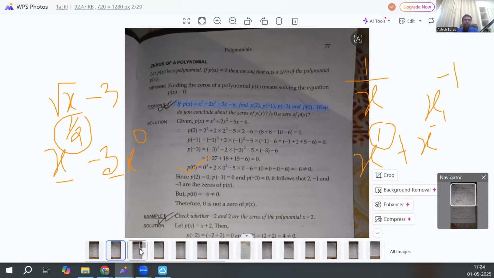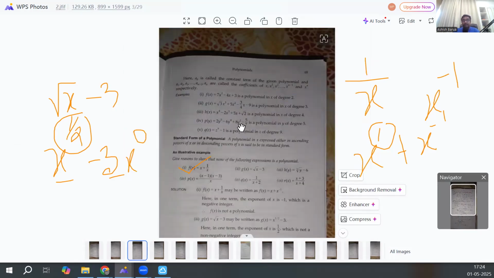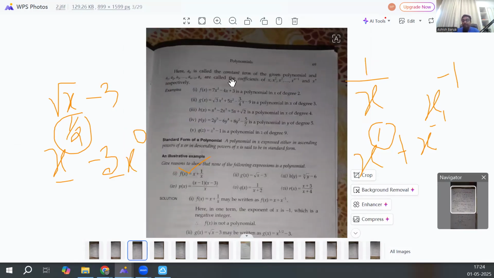Next, what we understood is the constant term and the coefficient. Constant term means the fixed number, not associated with the variable, denoted by a0, because here the variable power is 0.